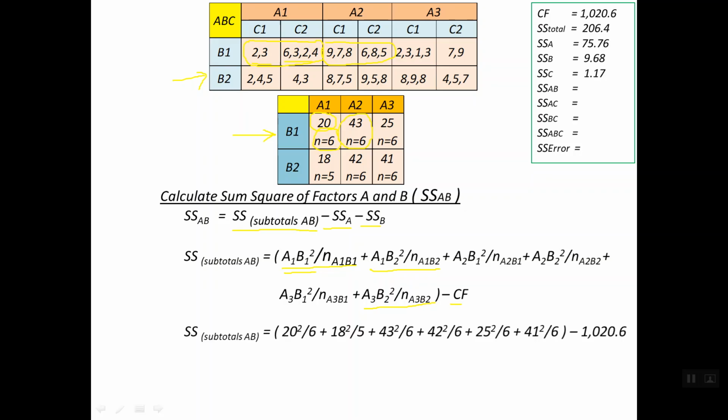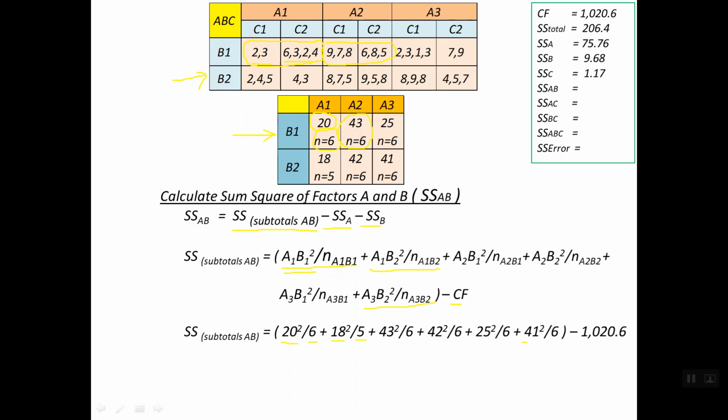So simply we can substitute. For example, this is the sum of A1, B1, we square it and divide it by the number of observations for A1, B1. This value is the sum of A1, B2, we square it, and this is the n for A1, B2.